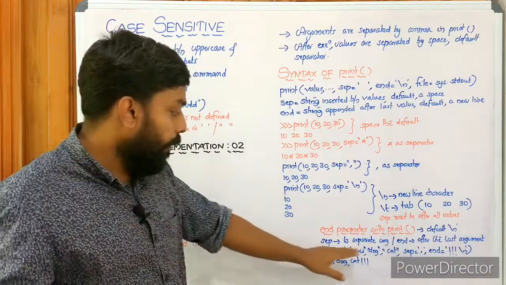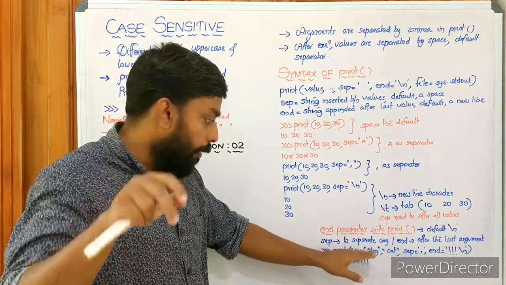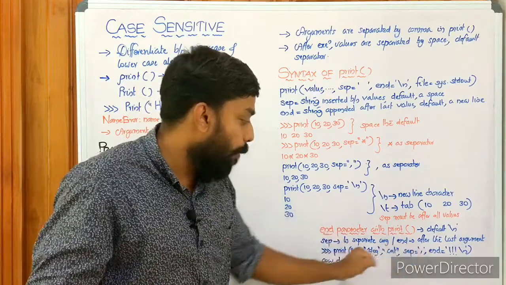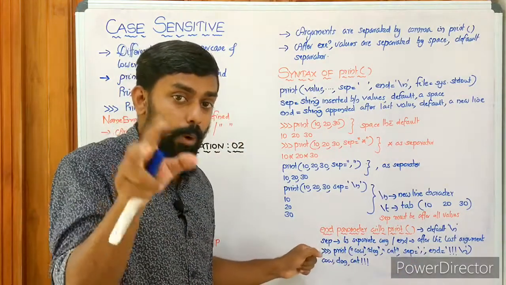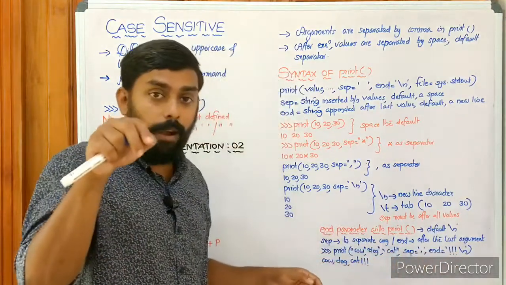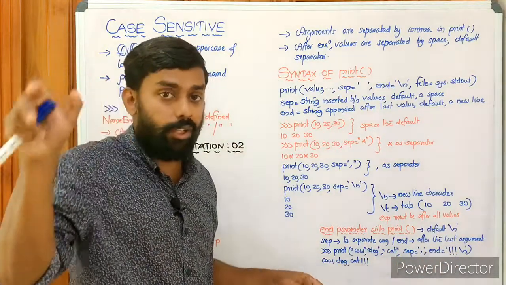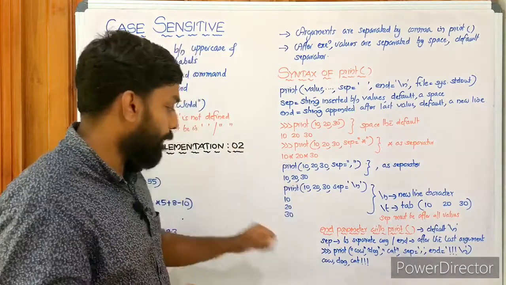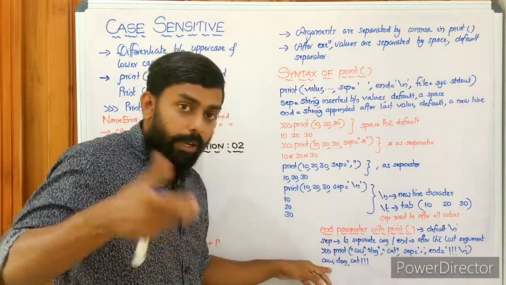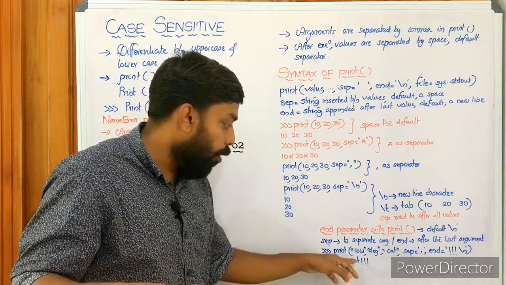And we have an example here. Print, all in double quotes, cow, comma, dog, comma, cat, comma, sep equal to comma, and end equal to three exclamation marks and slash n. And here is the result. As we have added sep equal to comma, values are separated using comma: cow, comma, dog, comma, cat.